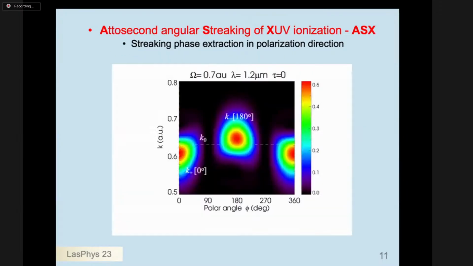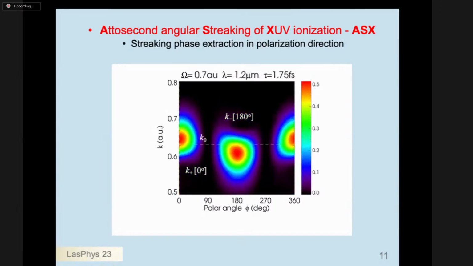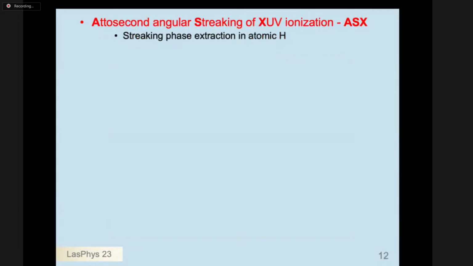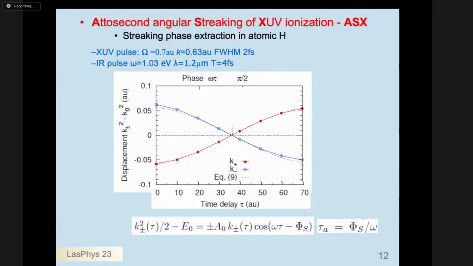And we reintroduce this streaking phase into this equation. Now, this is the diagram which depends on the time delay between XUV and IR, and it shows on the top of this graph. And we start to vary it gradually by some increment of a quarter of a femtosecond, and we will see that this diagram moves up and down. And if we plot the central momenta of the 180 degrees and 0 degrees momentum lobes, they fall on the two branches of the isochrons.